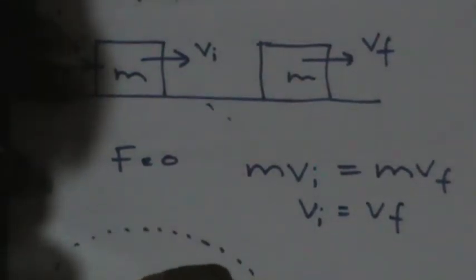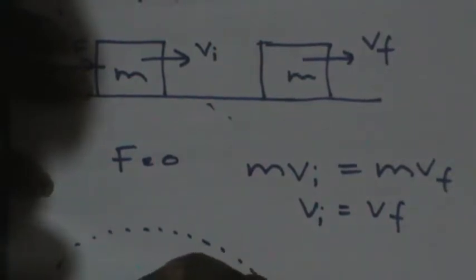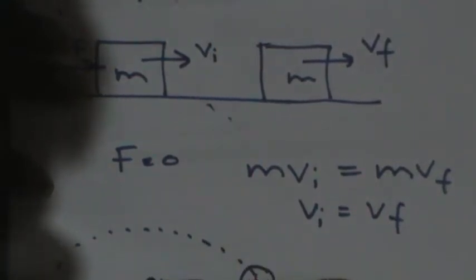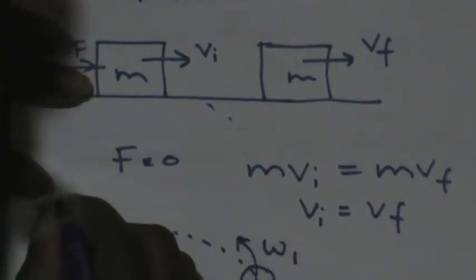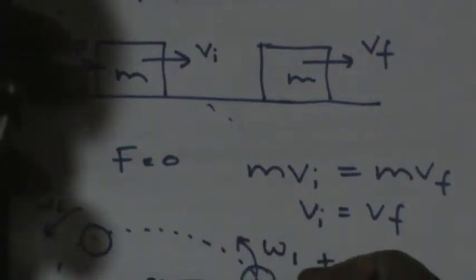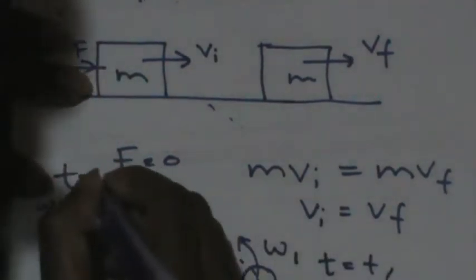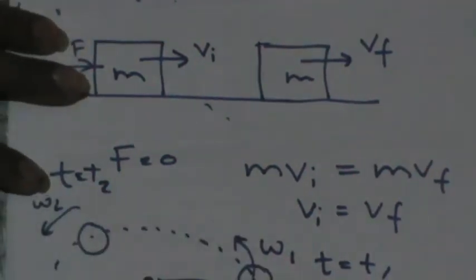Similarly, if an object in circular motion has angular velocity omega 1 and another angular velocity omega 2, so this is at t equals t1, this is at t equals t2, right?